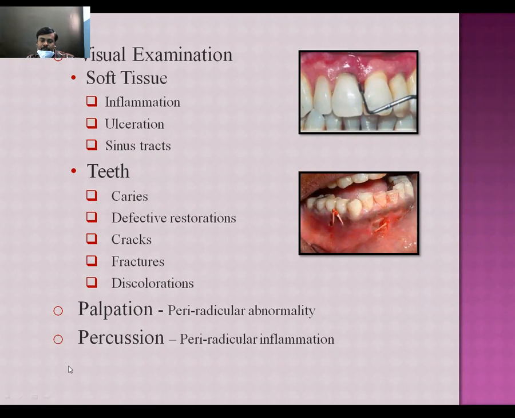So whenever you percuss vertically, the patient will have pain on vertical percussion only if it involves the periapical tissue. That means if it involves the pulp, then only the vertical percussion will be positive. If horizontal percussion is positive without vertical, then there is an involvement of periodontal structures.